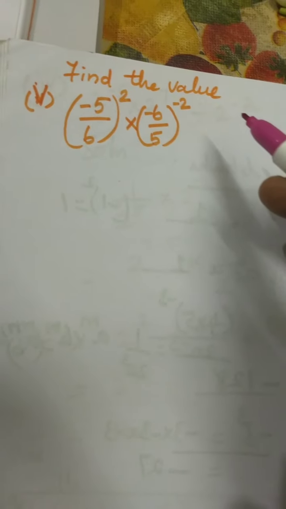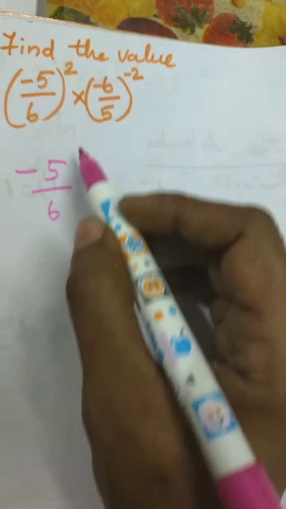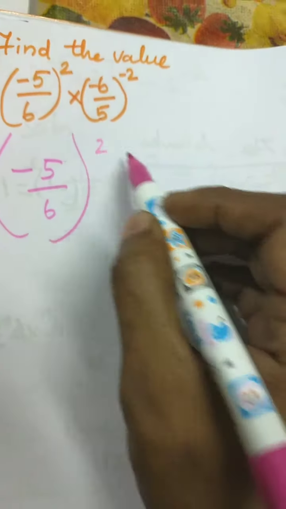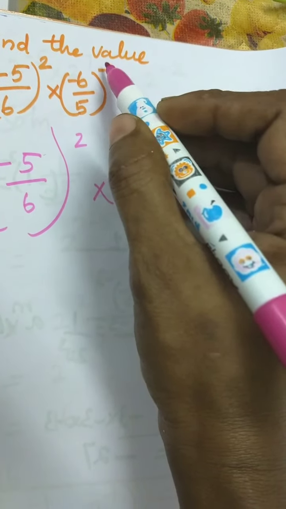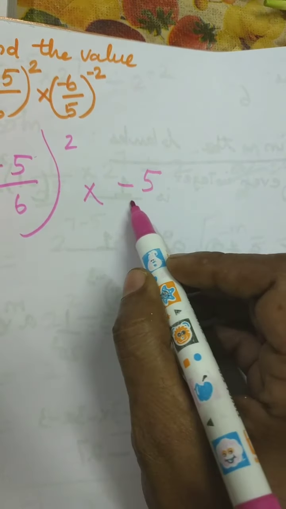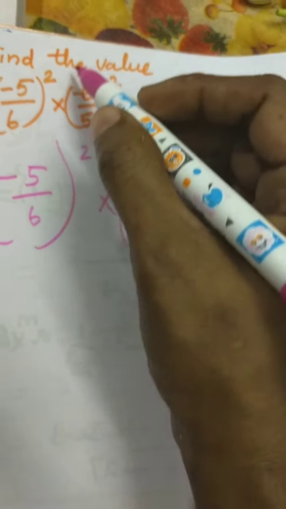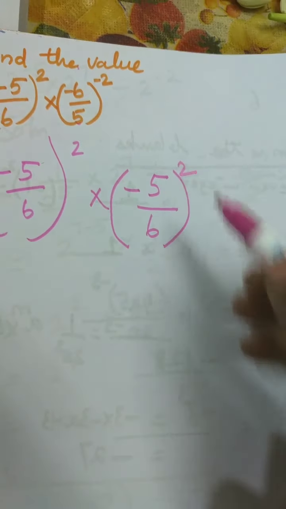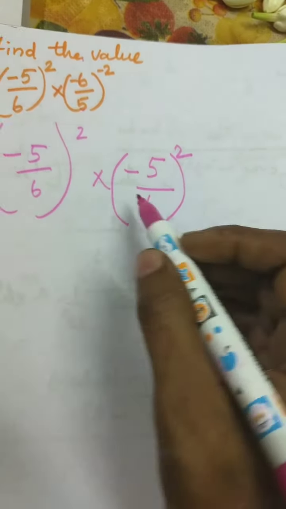Now we shall see: find the value of minus 5 by 6 the whole power 2 into, here the power is negative. So you have to make the negative power positive first. You change to the reciprocal, then it will come as positive. Now both the bases are the same.